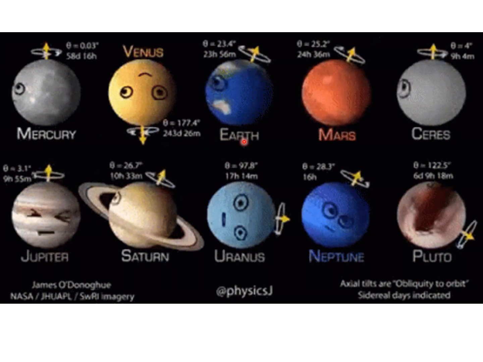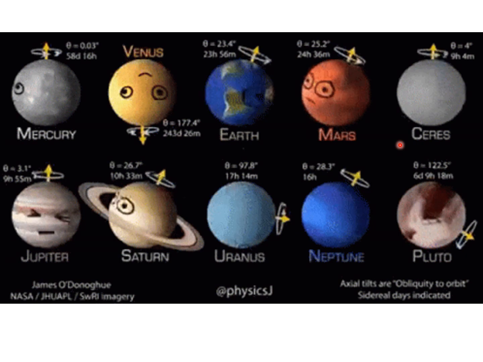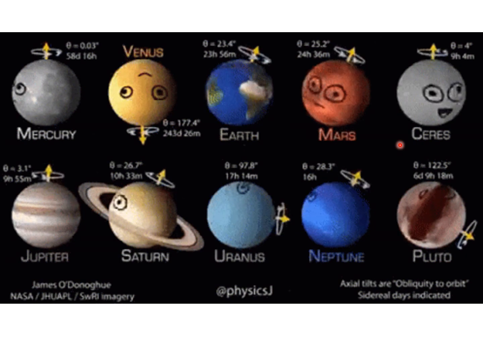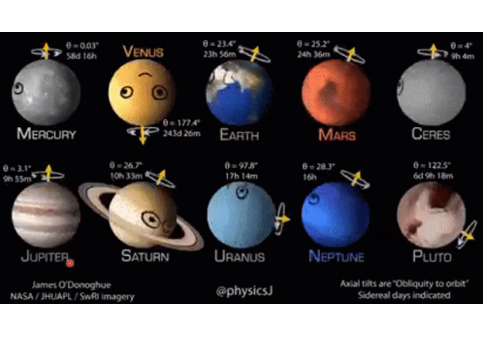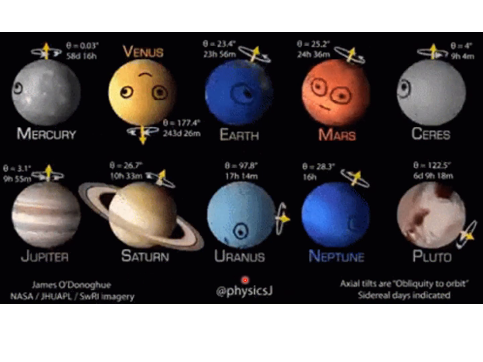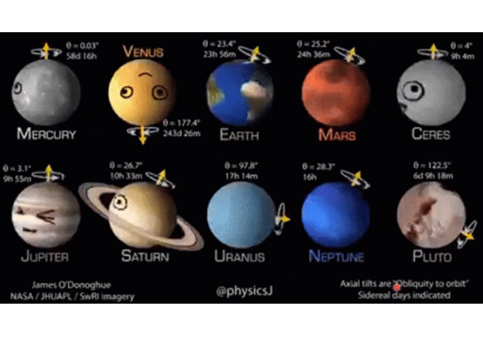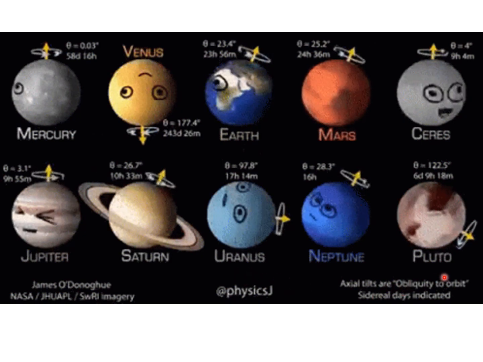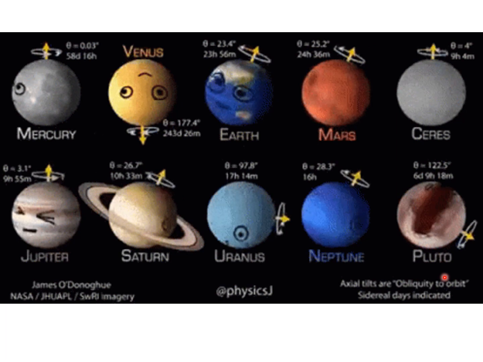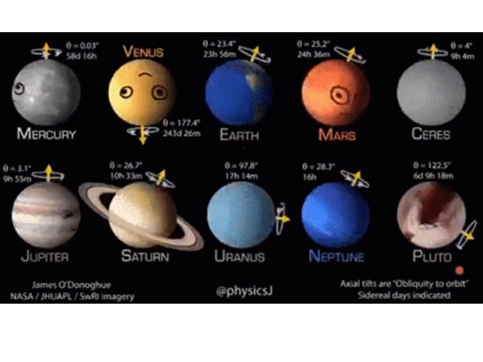You can see Earth and Mars. Ceres is the largest asteroid. We'll talk about it more in chapter 12. We see Jupiter and Saturn going very, very fast. Notice Uranus spinning on its side, and then Neptune. And Pluto, the dwarf planet Pluto, is tilted at a very extreme angle, 122 degrees.